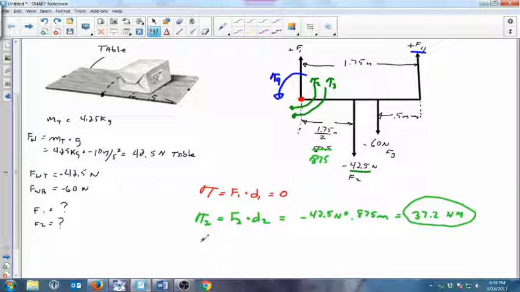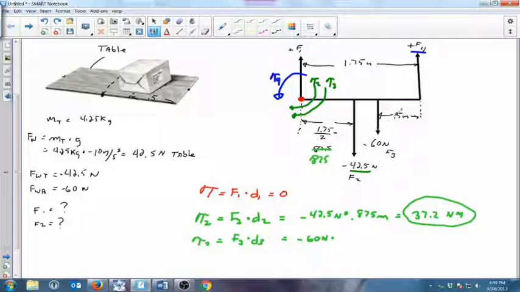Now, let's do the next one. Torque 3, also green, is going to be equal to force 3 times distance 3, which is equal to, here's our force 3, a minus 60 times, what's the distance?